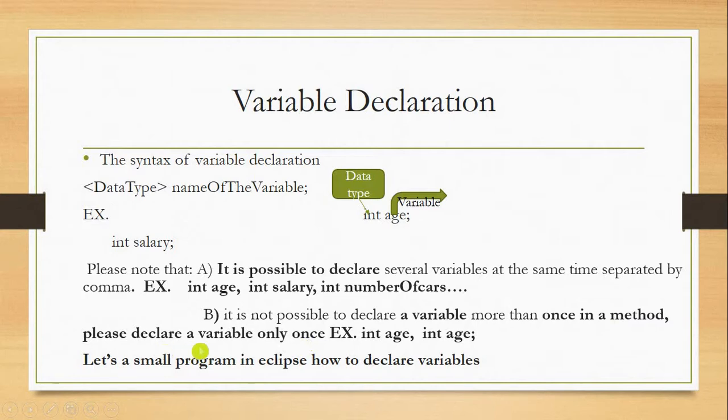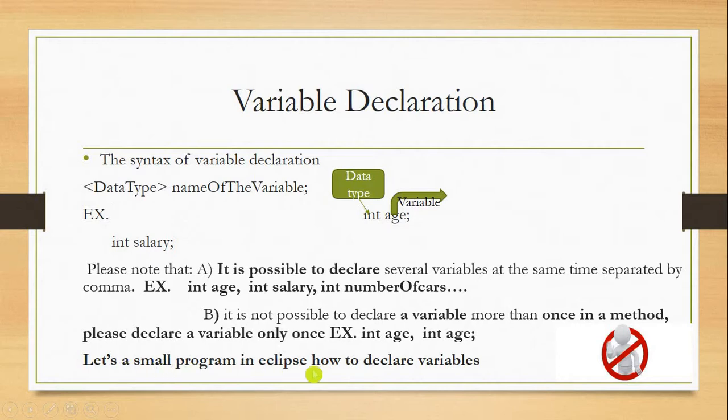So please declare a variable only once in a method. Example, declaring int age twice in a method is not allowed. And this guy is telling you guys declaring a variable more than once in a method is not permitted.